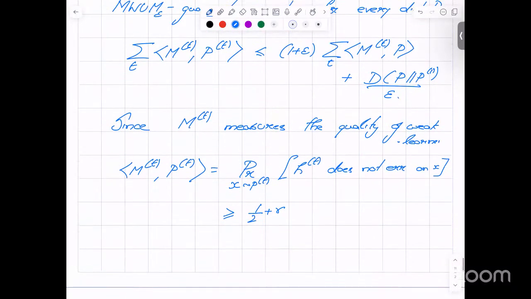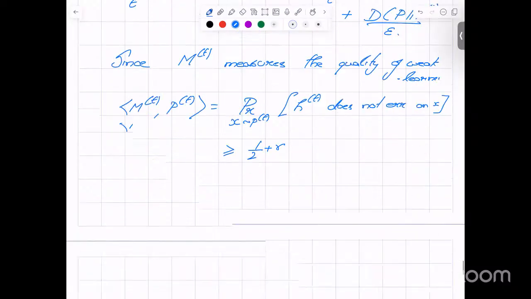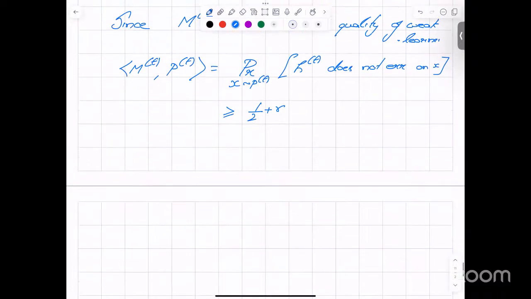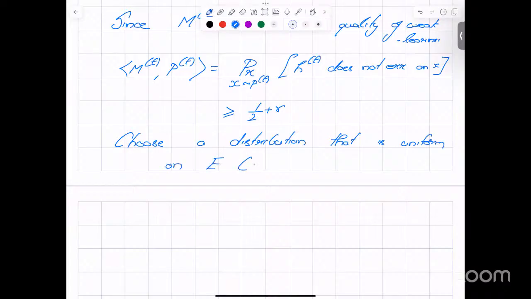Okay. This is true for every distribution P. So let us choose a distribution that is uniform on E, the H tilde error zone.